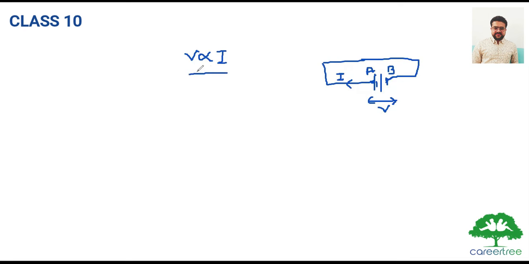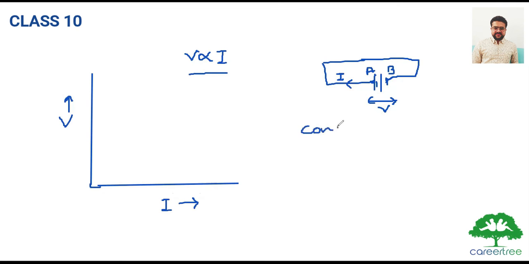If I want to plot it graphically, such that my graph has potential difference on the y-axis and the current on the x-axis, and I am drawing a graph for a conductor which is following Ohm's law.